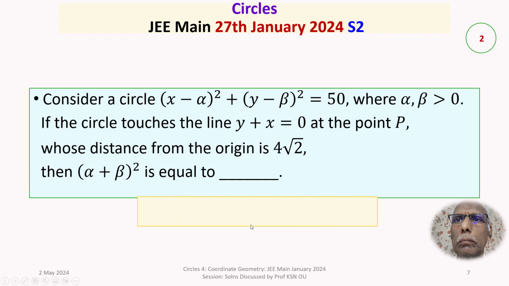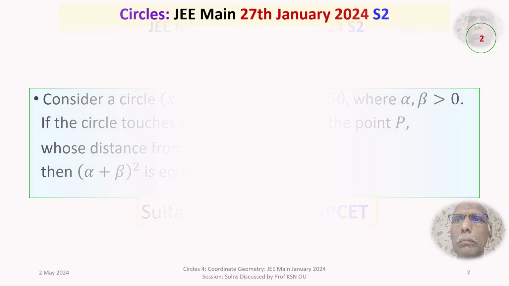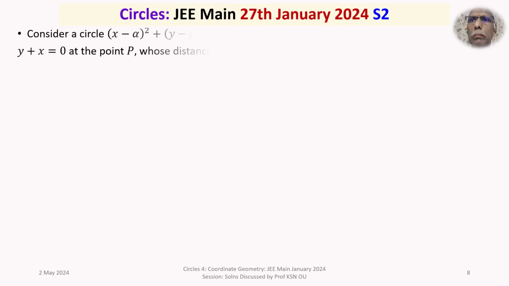Let's now discuss the solution of this problem in detail. And by the by, this question is also very simple, suitable for Telangana and Andhra Pradesh EAP CET examination also. Let's now discuss the solution of this problem in detail.